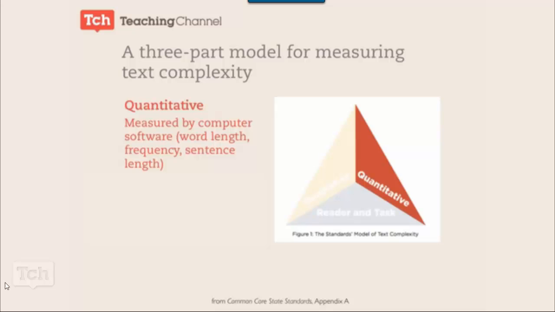However, we also know that Lexile scores can sometimes be misleading, and I will tell you that when I first read the core and I read this section on text complexity, I felt so liberated because for so long I have been hearing about making sure that we have the right Lexile score for the right kind of reader, and while I agree with that, I've also always known and always believed that sometimes that just doesn't make sense.